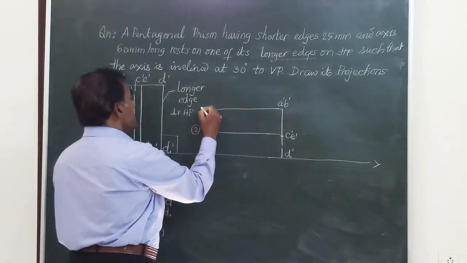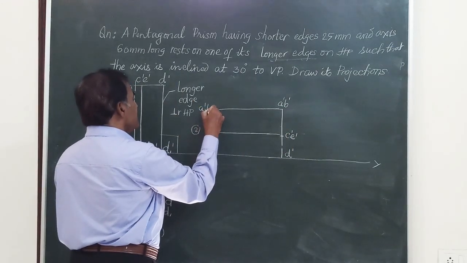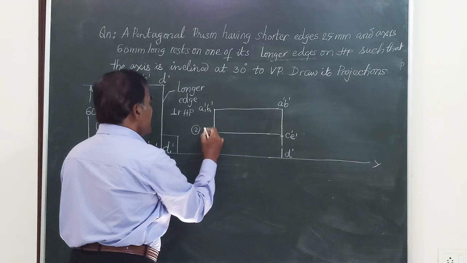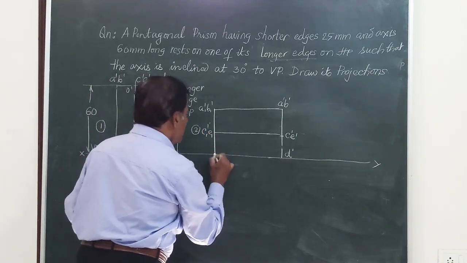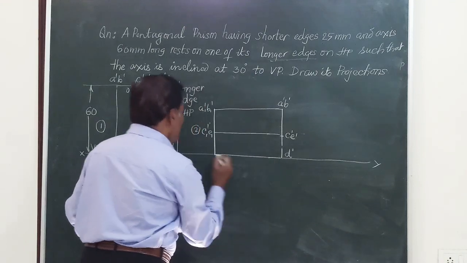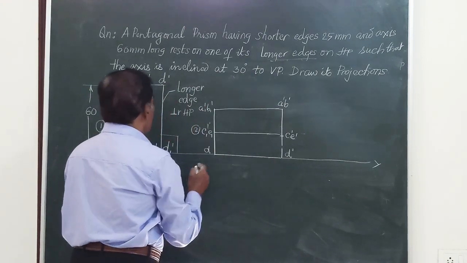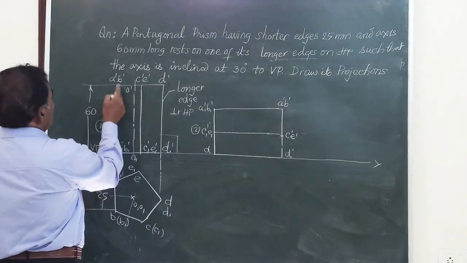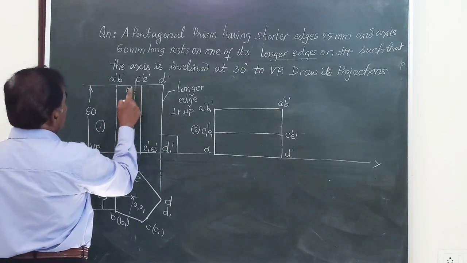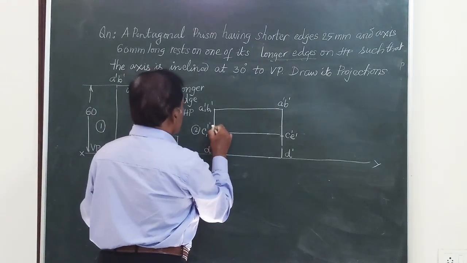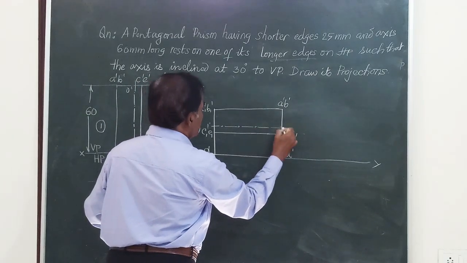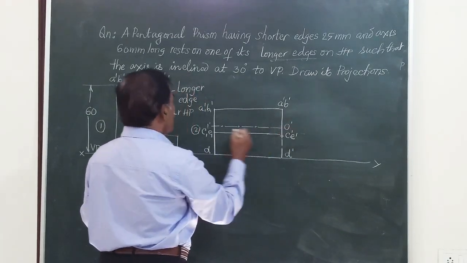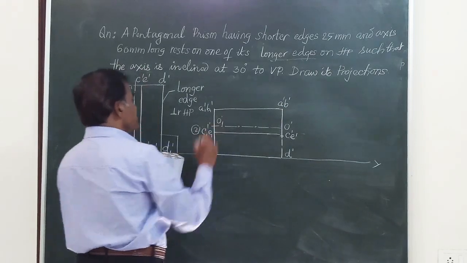So A dash, B dash, this is going to be A1 dash, B1 dash. C dash, E dash, this is C1 dash, E1 dash. And this is D dash, D1 dash, the longer edge. The axis comes between AB and CE. So I will mark here the axis of the solid represented by O dash and O1 dash.